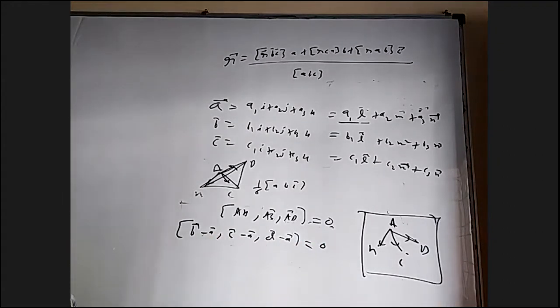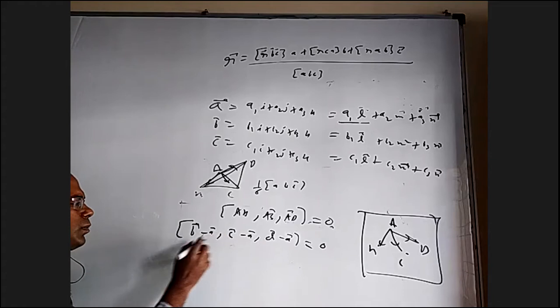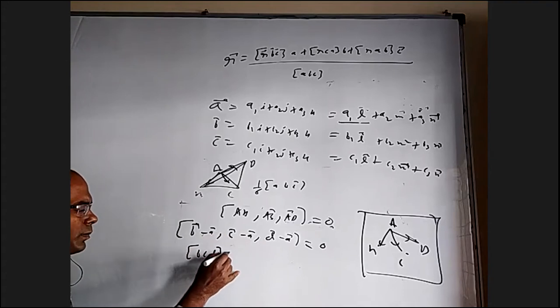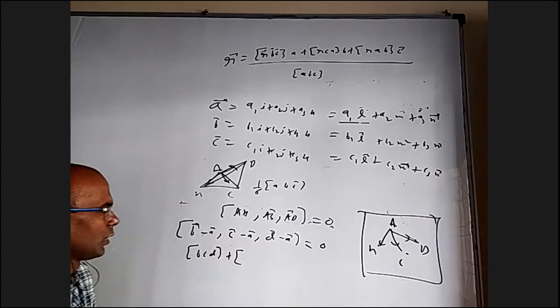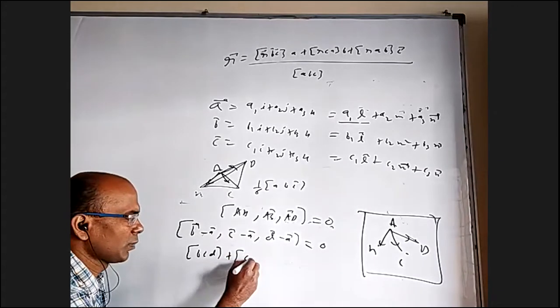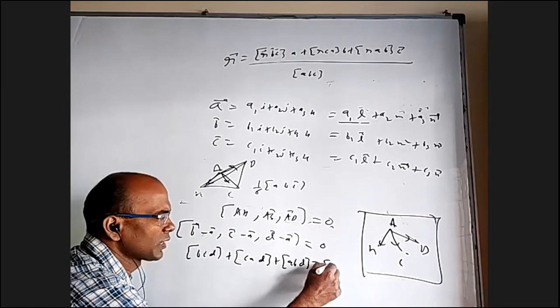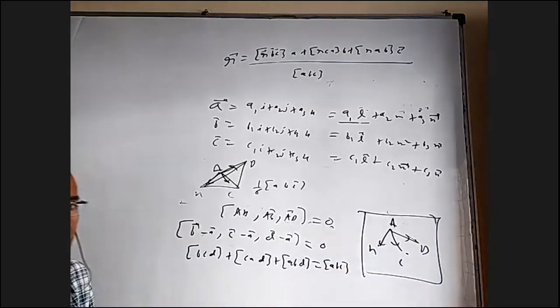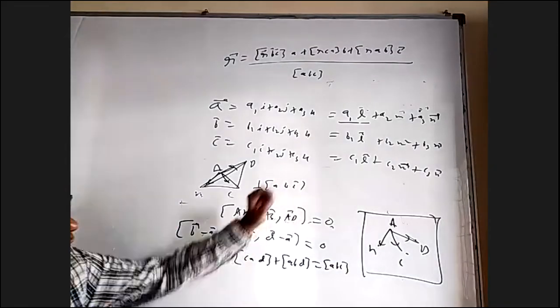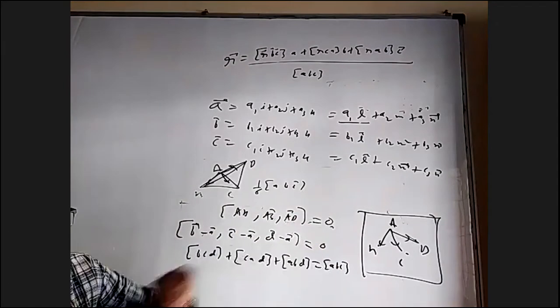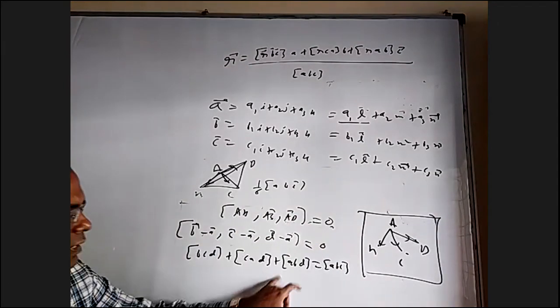When I actually expand this, we will get box BCD. If you write in proper order, you will get box CAD, box ABD equal to box ABC. So whenever the points with position vectors A bar, B bar, C bar, D bar are coplanar, the sum of these three boxes will be this.